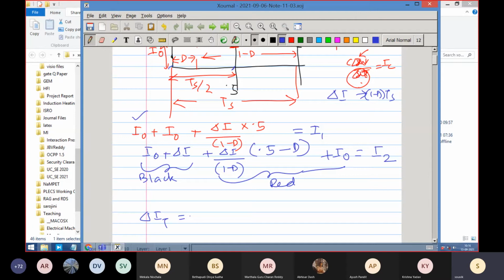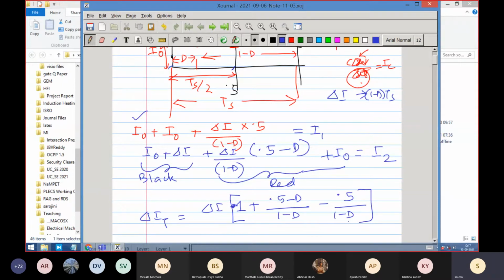Which one is cancelling? Our 2 I naught is cancelling, and this is delta I into 1 plus, not minus, 0.5 minus d by 1 minus d, minus 0.5 by 1 minus d.